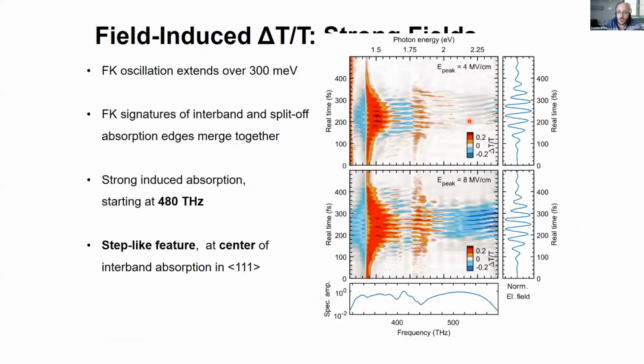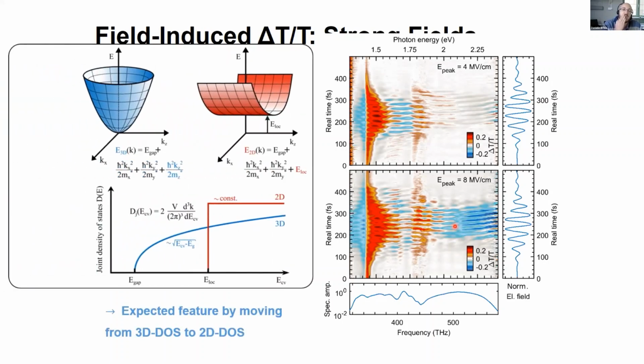But what I want to show you is that after a certain level of field applied to the system, if we crank up the intensity of the mid-infrared radiation, we start to have strong absorption above a certain level. So what happens is that indeed we are destroying the three-dimensional order of gallium arsenide.